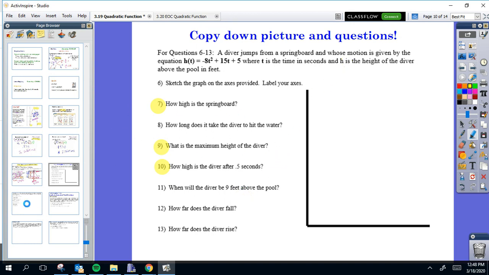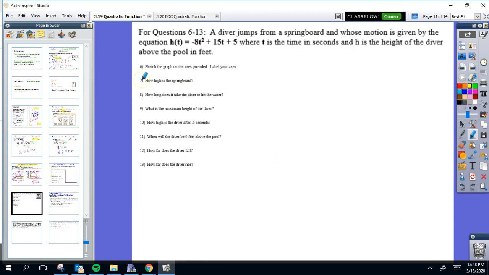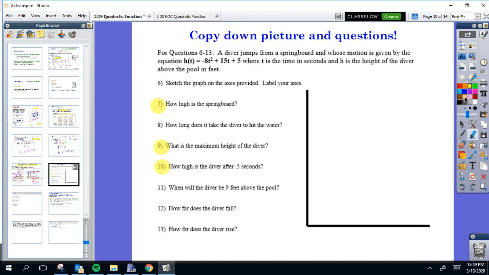I'm going to go to a screen where it's smaller. So number 7 says, how high is the springboard? Well, that's actually pretty easy. That is the starting height. So where is it beginning? And I know that my C value is where it's in the beginning. So that's all I have to put. My springboard begins at 5 feet.